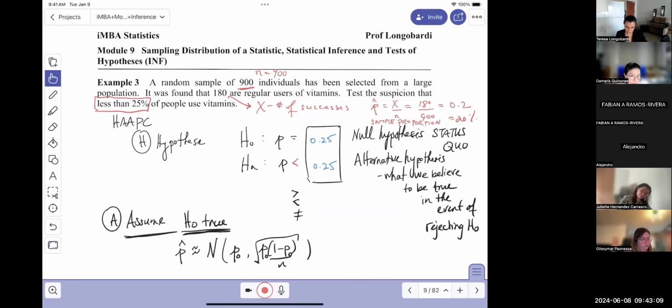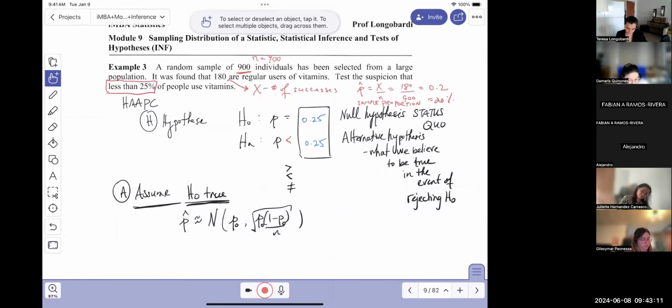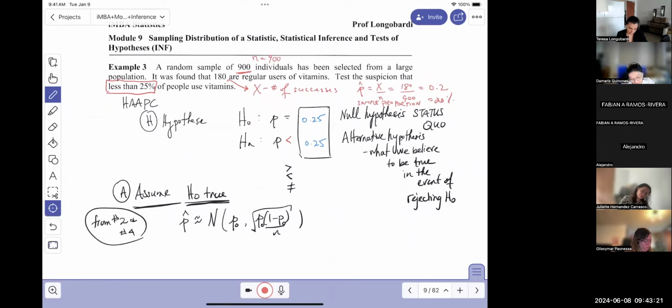Okay, so I assume H naught is true. This is from number 2 and number 4 of the formula sheet, right? Because I don't have P, so I'm going to use P0 instead. Let's calculate then. What is P0? P0 is in this column here.